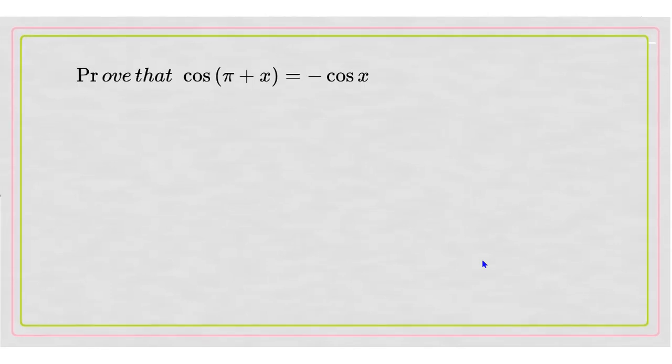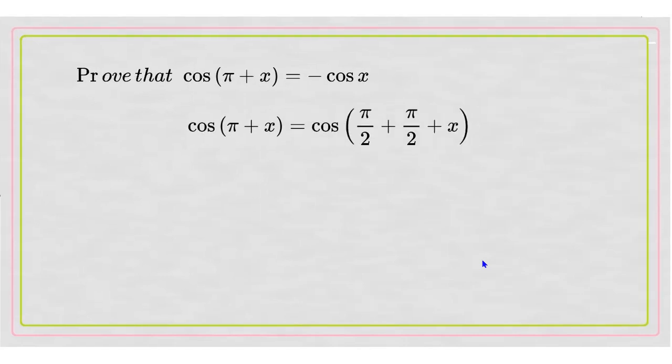Now one more result is prove that cos of pi plus x equal to minus cos x. To prove this, you consider cos pi plus x, and this can be written as cos of pi by 2 plus pi by 2 plus x, because pi by 2 plus pi by 2 is equal to pi. Now you take pi by 2 plus x equal to some x. Just think pi by 2 plus x equal to some other x.